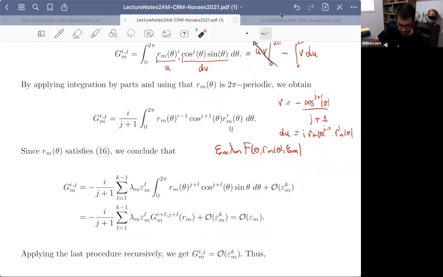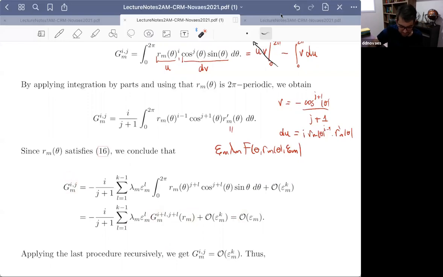Okay, and in this sum we already have this power of epsilon n. This starts by 1, and then we have proved just by this first step that gmij is an order epsilon n. However, here we have written this function in terms of itself.